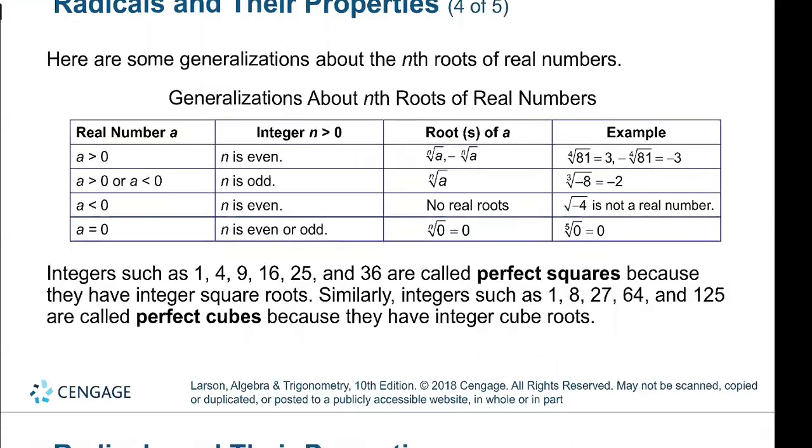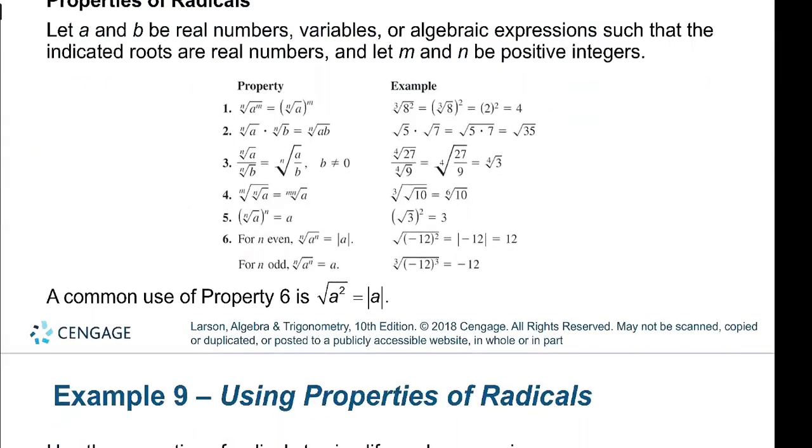Okay. With these, you also can turn your radicals into expressions that have exponents. So your index, so that little number that's attached to the radical, will always be the denominator of your fraction in that exponent. So in this case, for the first property, the nth root of a to the power of m, it's the same thing as saying the third root of 8 squared.